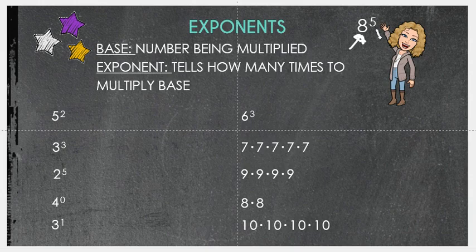Our exponent is the little number at the top, in this case, the 5, and that tells us how many times the base gets multiplied over and over again. So that means we would do 8 times 8 times 8 times 8 times 8 to get our final value for that expression. So that is our exponential expression.